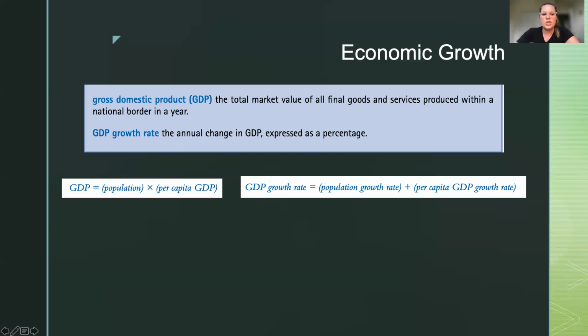When we're looking at GDP for an entire population, we'll look at per capita GDP times the size of the population. And then we'll look at that per capita GDP growth rate as being a multiple of the population growth rate.